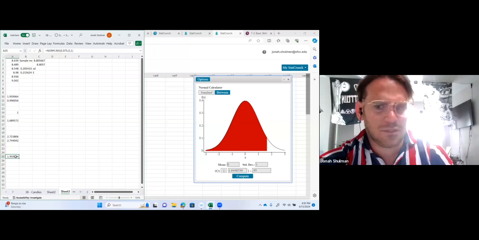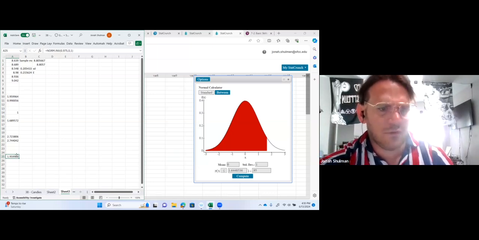The other way to do it, and this was, why do we have 1.95?